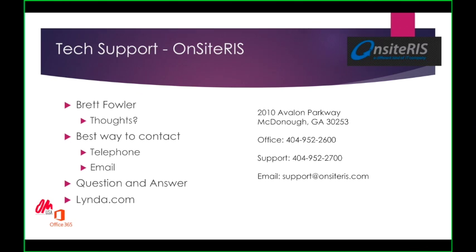I need OneDrive installed, kind of what we went over today. Do support at onsiteirs.com. Create a ticket, and then, of course, one of us will contact you about getting it approved, depending on what your issue is. And, of course, we'll call you, help you out, remote in if we need to, and fix your issues.